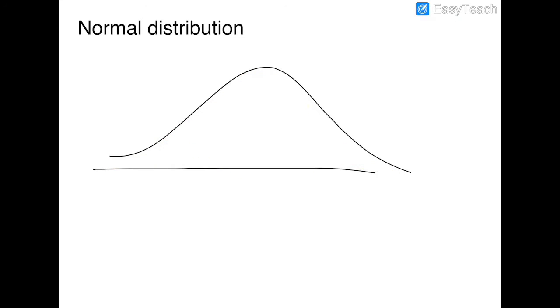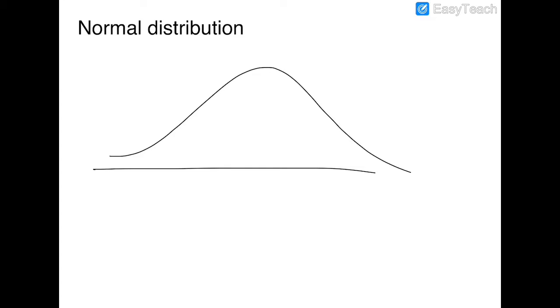So that means that all the data that are normally distributed are going to look like this sketch that I have here. Some of the important things on this normal distribution is that this distribution is symmetric.